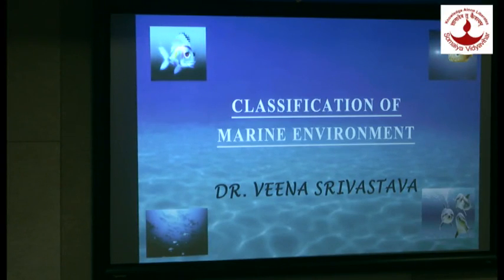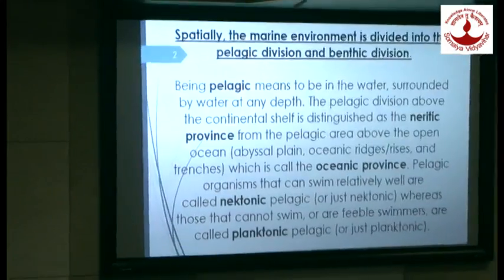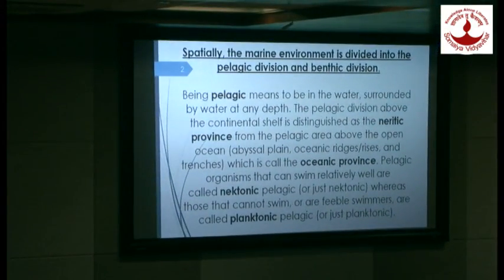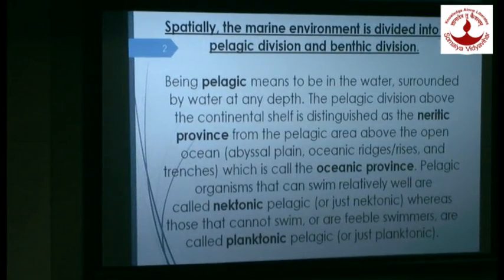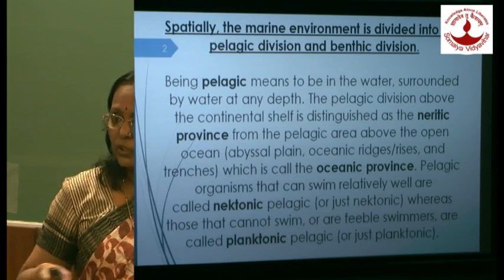Now see, any marine environment is divided into two: pelagic division and benthic division. Now pelagic division is what? Pelagic division is the water part of it. All the water part of it is divided into pelagic. And there is land below the water.